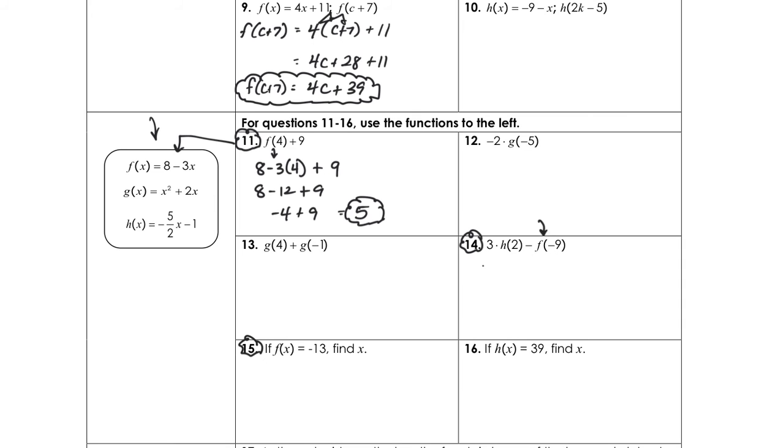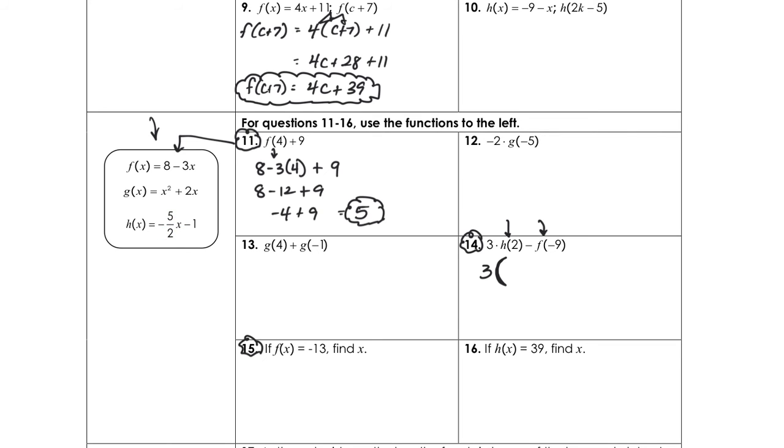So this is going to be 3 times h of 2. I'm going to find the h function and plug in the entire h function, with x being replaced with 2. Substitute the entire h equation with a 2 in for x.